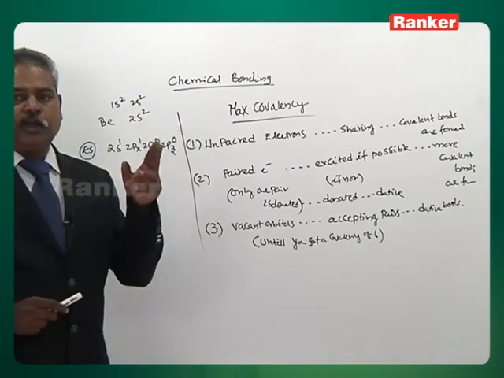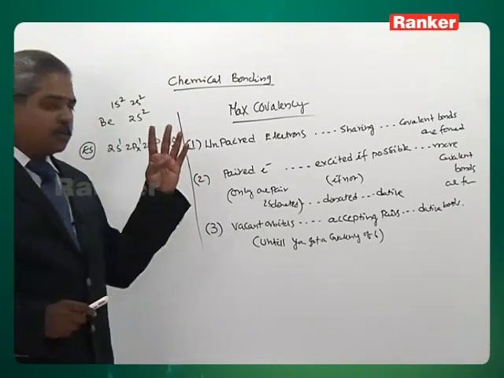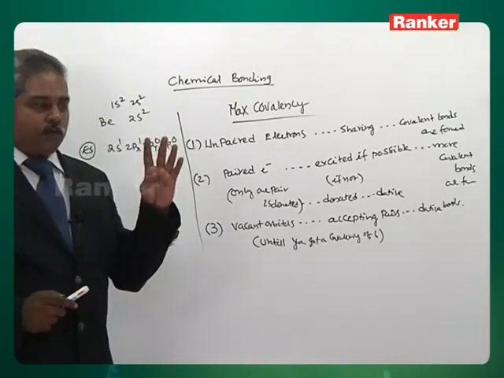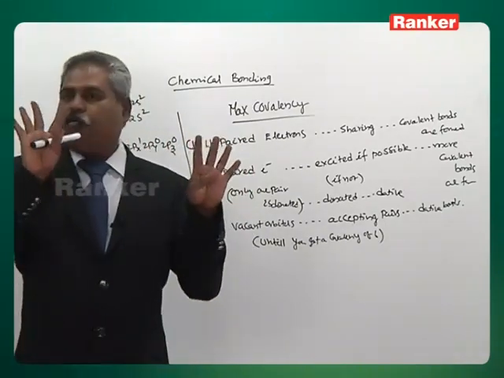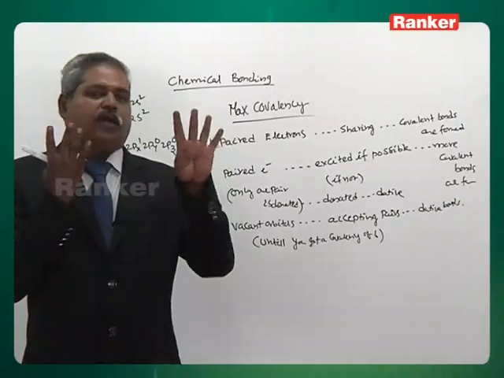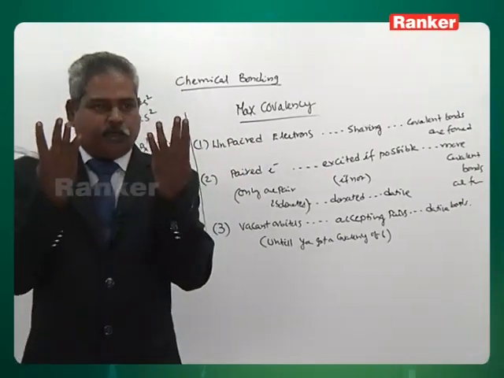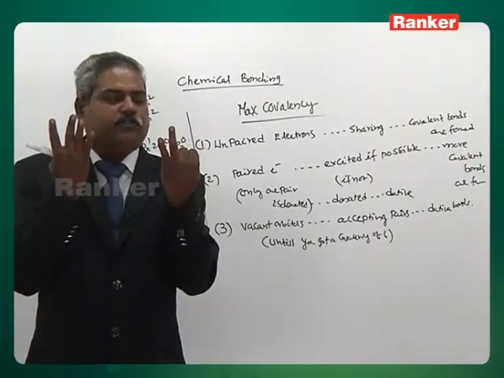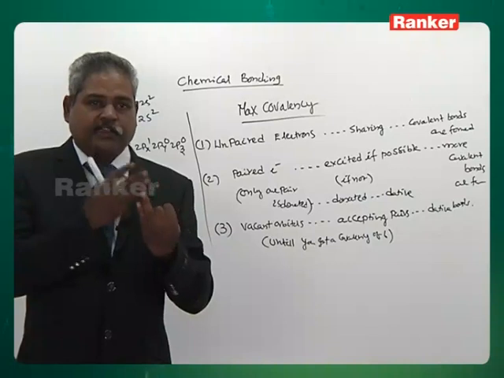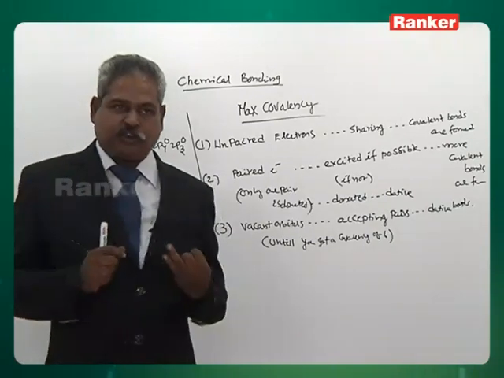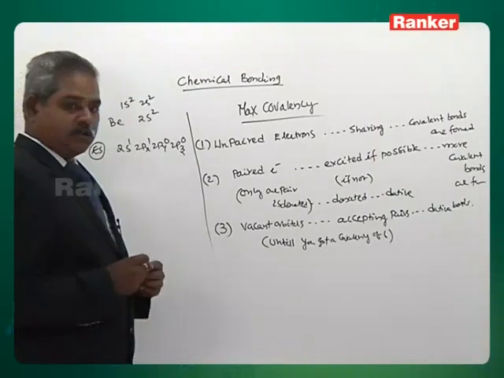Once it loses 2 electrons, it has 4 protons versus 2 electrons. That means too much positive charge and an imbalance of positive and negative charges. Therefore, beryllium doesn't prefer to form ionic bonds.